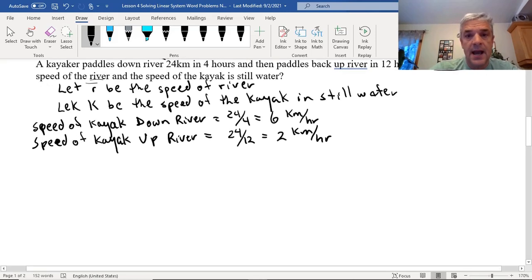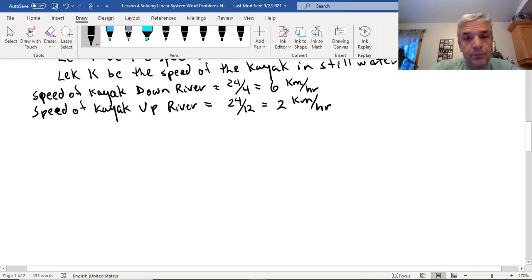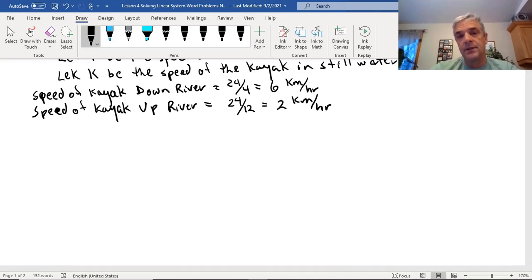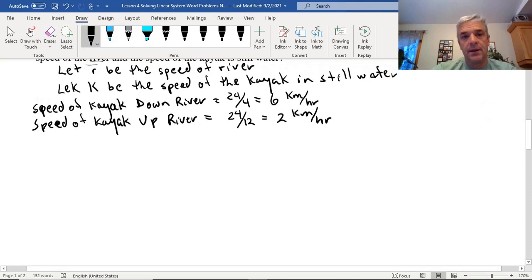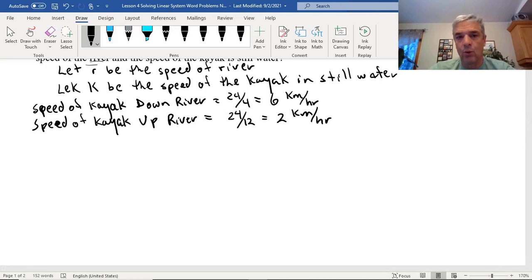Okay. Now, what we're going to do is use this information to calculate the speed of the river and the speed of the kayak in still water.